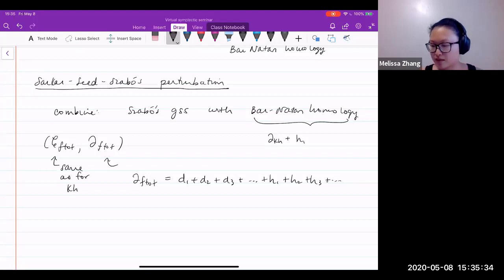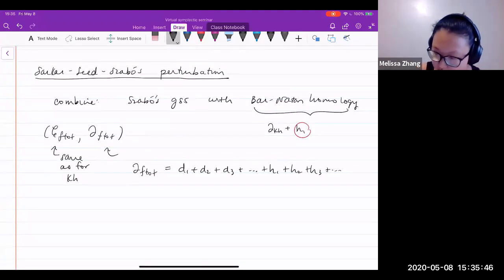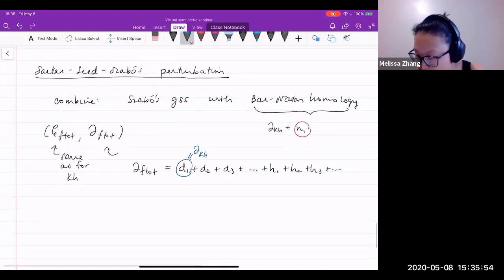H1. So if I'm thinking about Bar-Natan homology as the same chains as Khovanov homology, but with extra differentials, then H1 is going to be my perturbation. So what we have for the filtered complex is basically D1, which is just exactly equal to the original Khovanov differential coming from the Frobenius algebra.